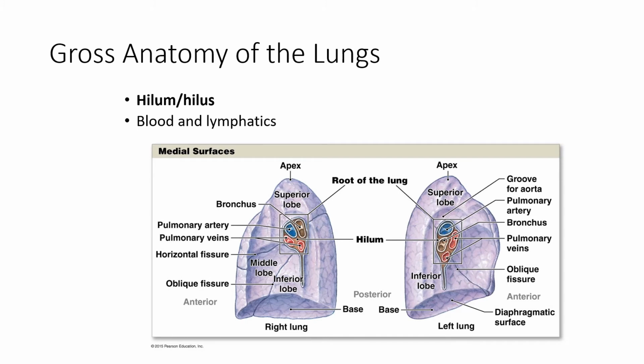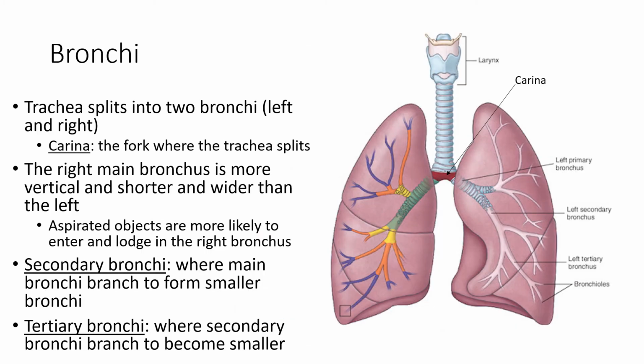So I kind of like to think of this as almost like a trunk. The lungs have a tendency to look kind of like a tree, and you'll see what I mean here in just a moment. But the hilum is almost like a trunk that is not only sort of holding the structure in place, but there's a lot of nutrients as well as waste coming through and going out through that area.